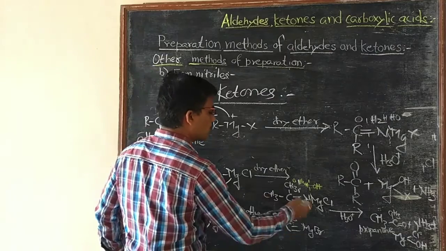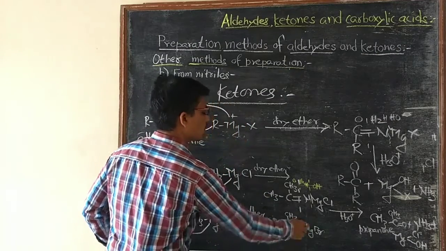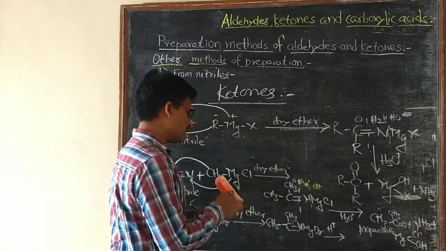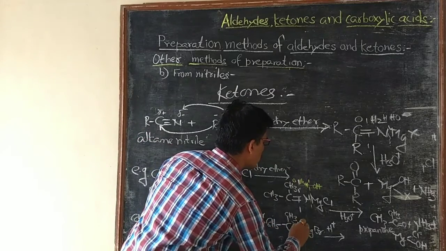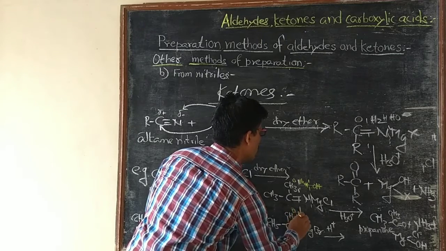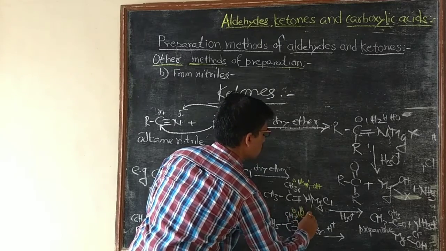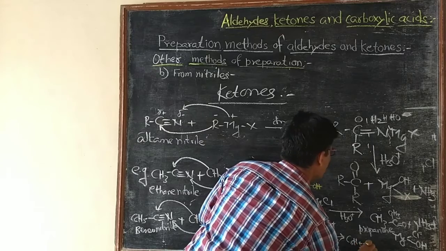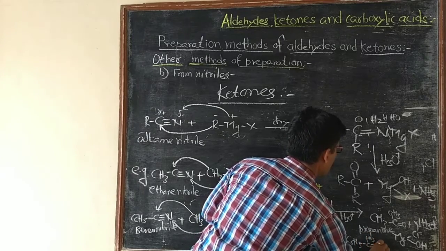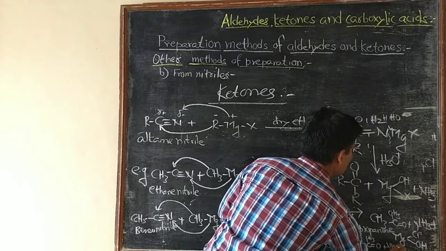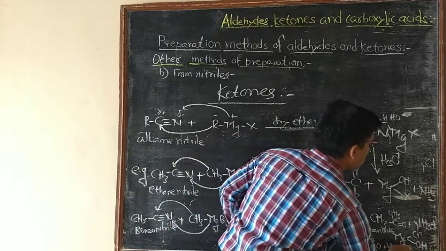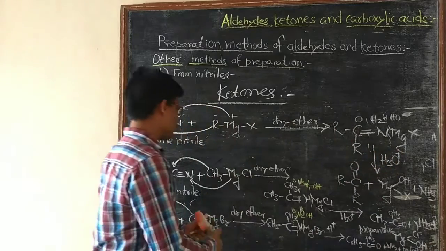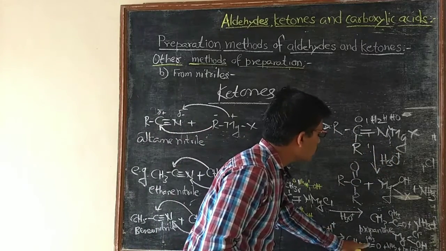This addition product further undergoes hydrolysis in presence of acid, breaking by water molecule, to form C6H5 C double bond O CH3 plus NH3 plus MgBrOH.